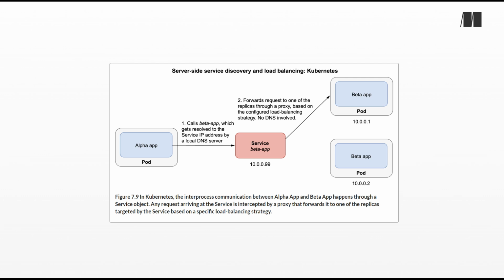The service discovery implementation adopted by Kubernetes is shown in Figure 7.9. Figure 7.9. In Kubernetes, the interprocess communication between Alpha App and Beta App happens through a service object. Any request arriving at the service is intercepted by a proxy that forwards it to one of the replicas targeted by the service based on a specific load balancing strategy.